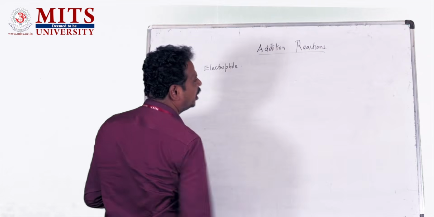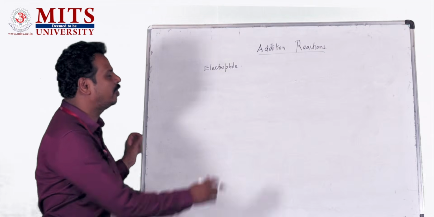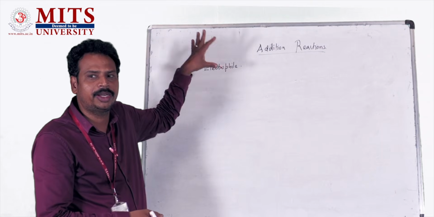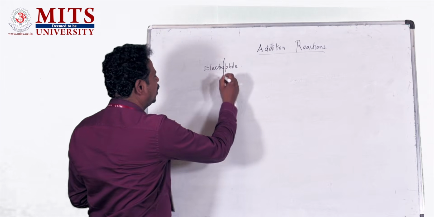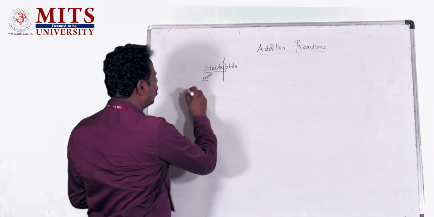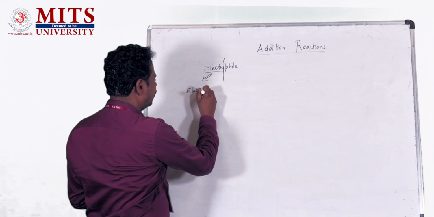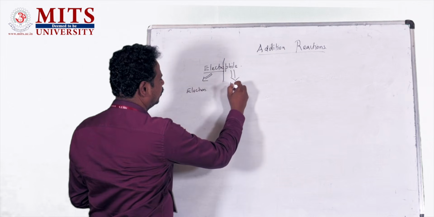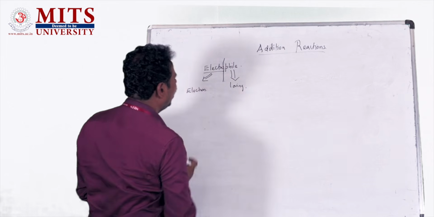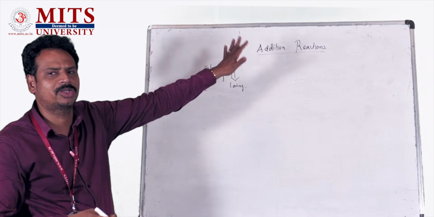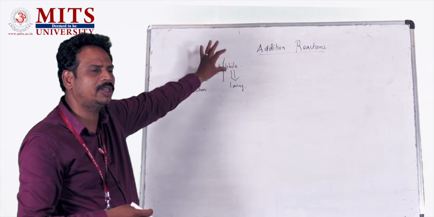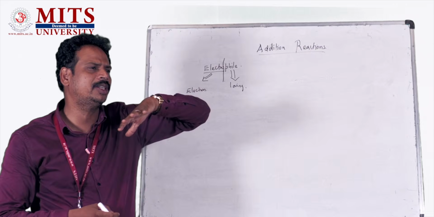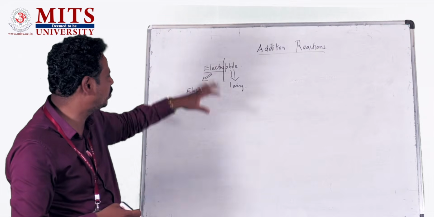So electrophile first. The word electrophile is derived from Greek, and it can be split into two. Electro means electron, and phile means loving. So an electron-loving species is called an electrophile. I repeat again, the word electrophile originates from Greek; you can split it into two parts, electro and phile.